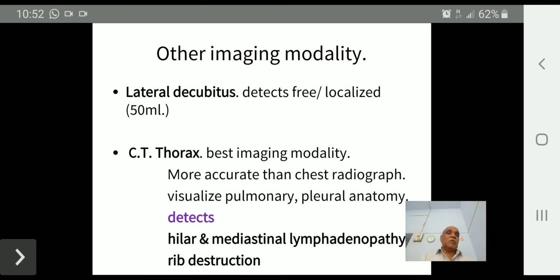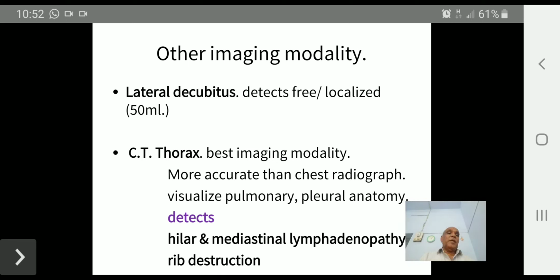Lateral decubitus X-ray shows effusion, means there is fluid in the space. It is mostly free. So when it is localized, there is no shifting. If you take the CT, it is suggestive of the effusion.